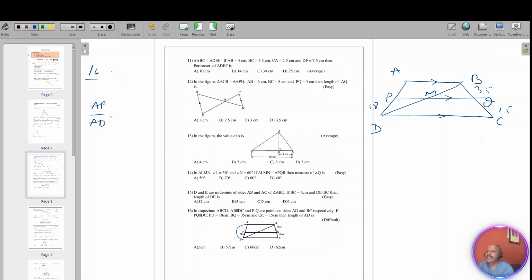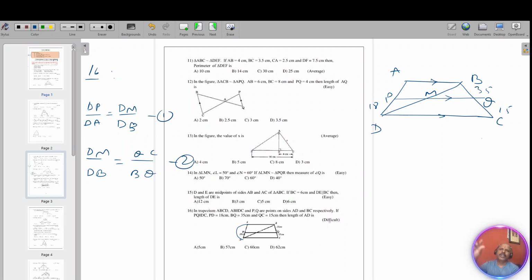I'll say DP by DA equal to DM by DB. This is one. Similarly, DM by DB equal to QC by BQ. This is 2.